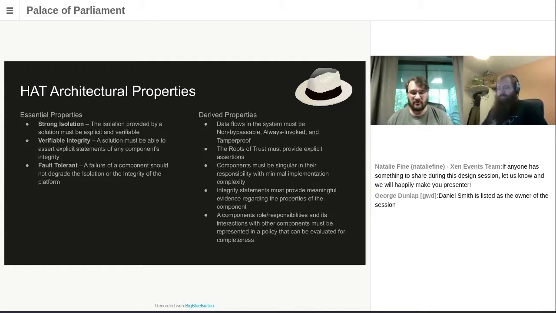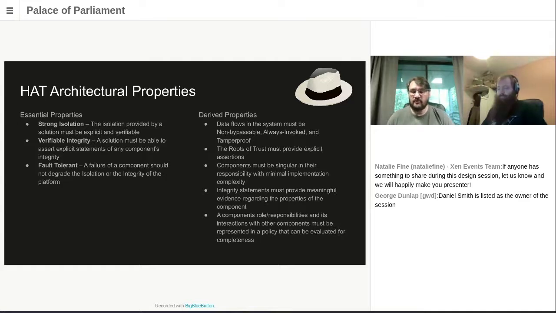That one is actually pretty deep. We want to isolate and have very tight cohesion inside of the components that we implement. Integrity statements that are made by the roots of trust must be very meaningful, backed by evidence to give you an idea of what the properties of that component has.